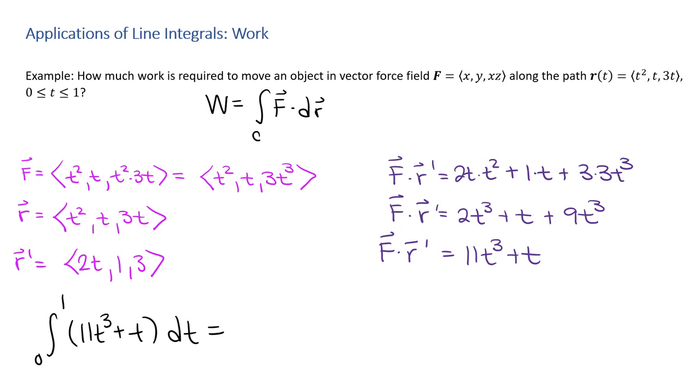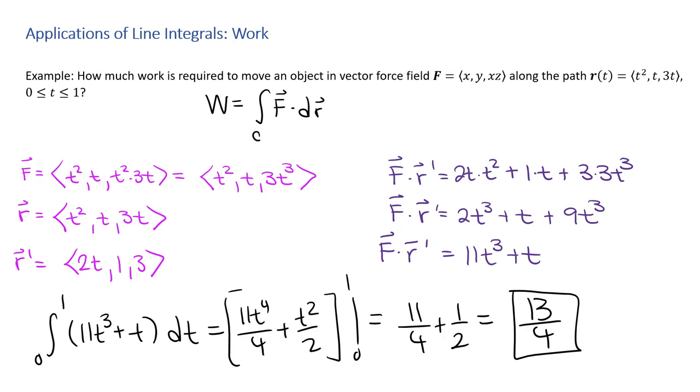So to finish this, we're going to integrate 11t to the third plus t from 0 to 1. I found the antiderivative, 11t to the fourth over 4 plus t squared over 2. Plug in those bounds of integration, and I ended up getting 13/4. And so that number is giving me the work required to move that object along that path.